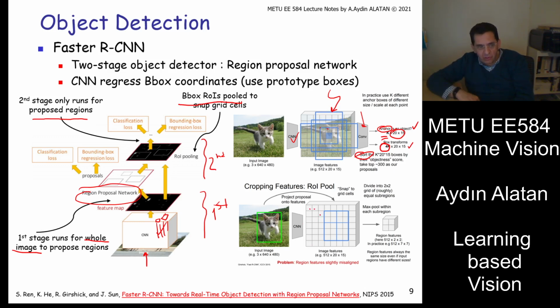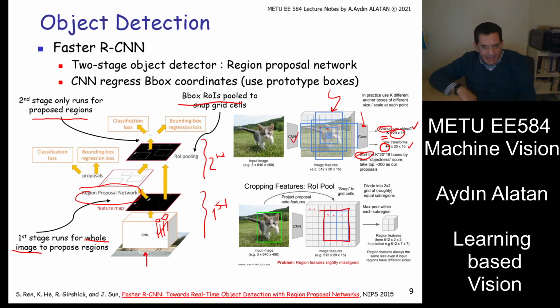Now you have to put this estimated, hypothesized bounding box onto the grid cells in such a way that we just snap it, we exactly fit some of those features.